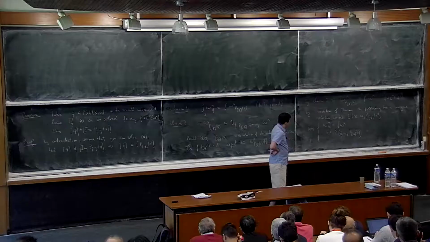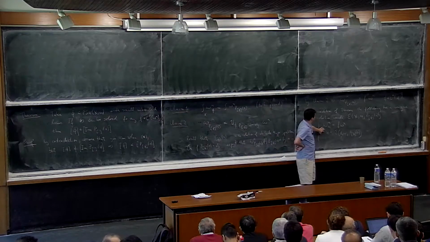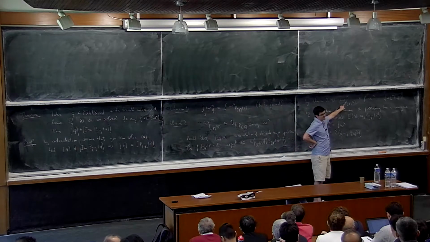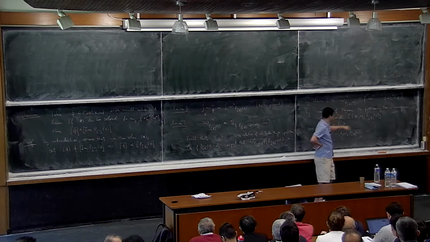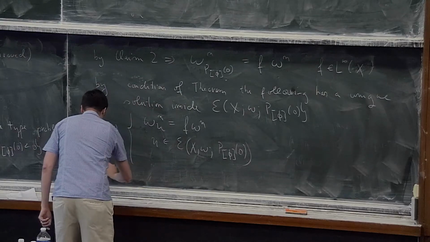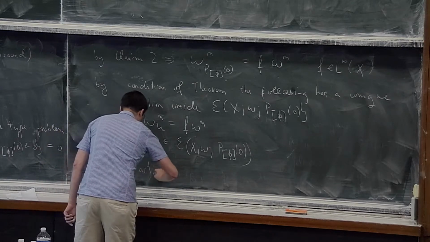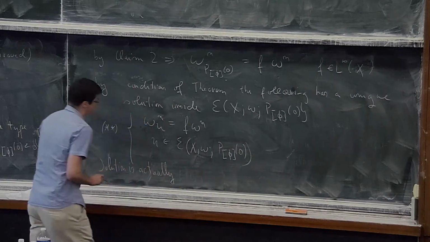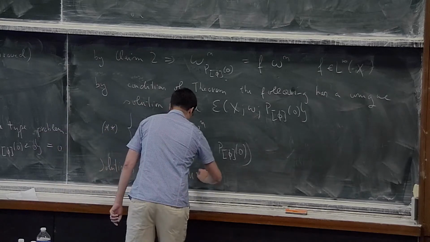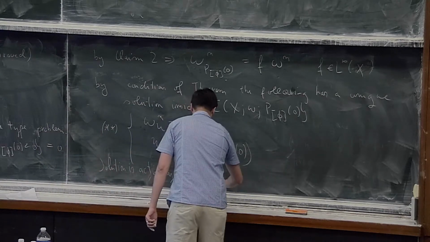Now, we know what the solution is. So the solution is this one. So all we care about is the uniqueness. So the solution is actually equal to P of phi.